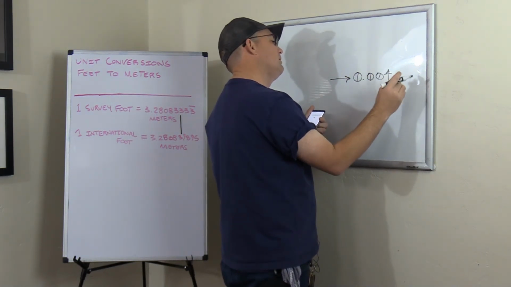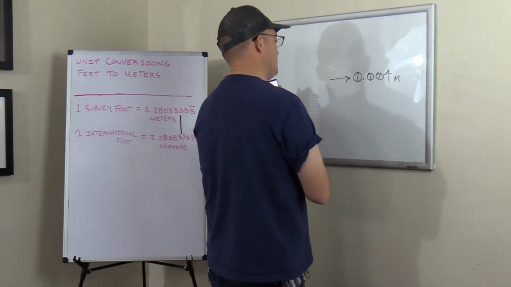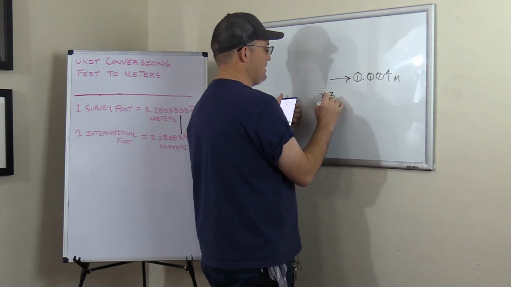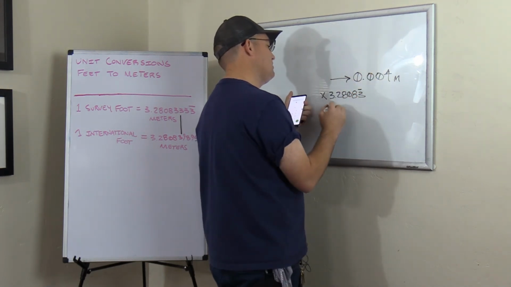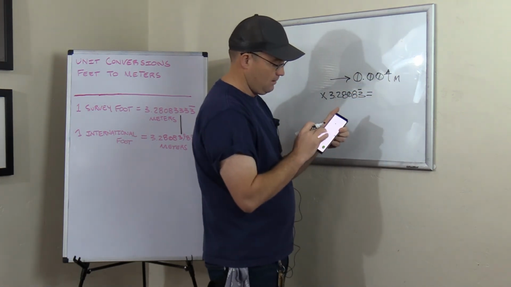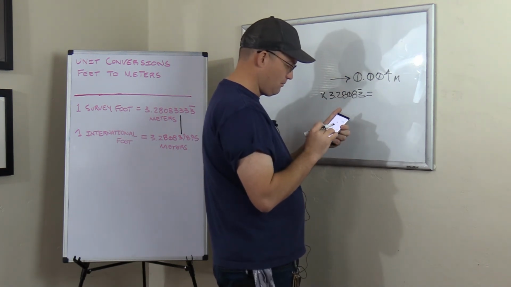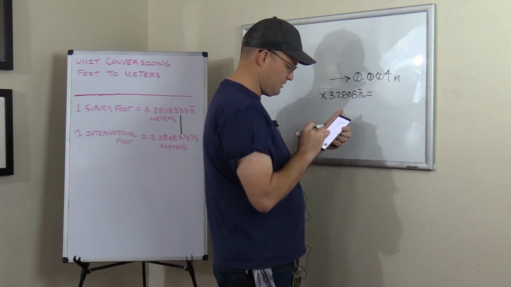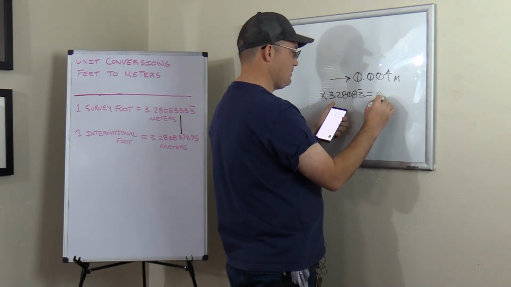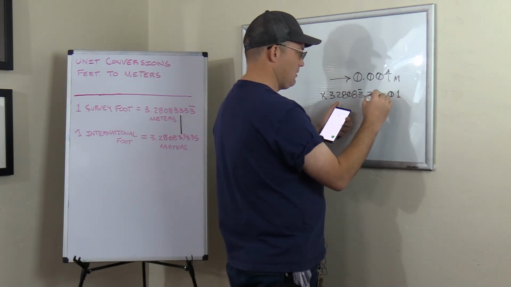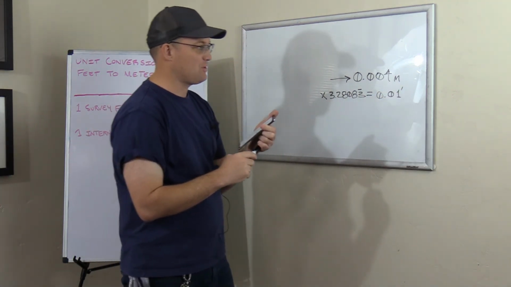So we want to know how good is that in survey feet? Like I mentioned before, most manufacturers give you their accuracy specs in meters. So we're going to go 0.004 meters times 3.280833333 equals, and what that tells me is we can measure to about a hundredth of a foot. So 4 millimeters is pretty good measurement precision.